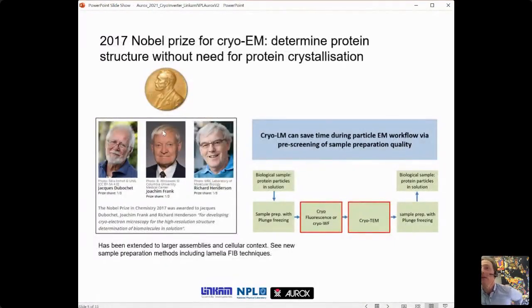There are several branches of the cryo and correlation technique. For particle EM, which got a Nobel Prize not too long ago, you don't use the imaging capabilities of the optical techniques in the same way, but you can use the cryo imaging to inspect the quality of your sample preparation, which is quite crucial.